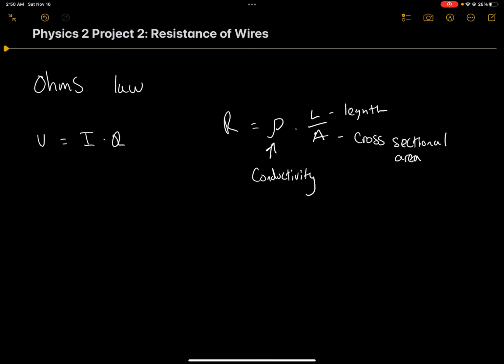The larger the wire, the more current that can flow through. The longer the length, or the smaller the cross-sectional area, or the less conductive a material may be, will all affect its resistance and how difficult it becomes for electricity to kind of move through the line, right?